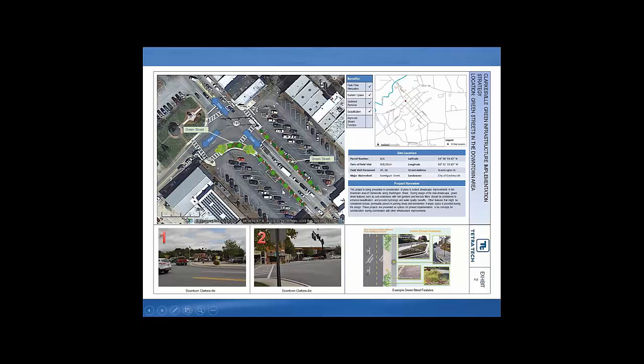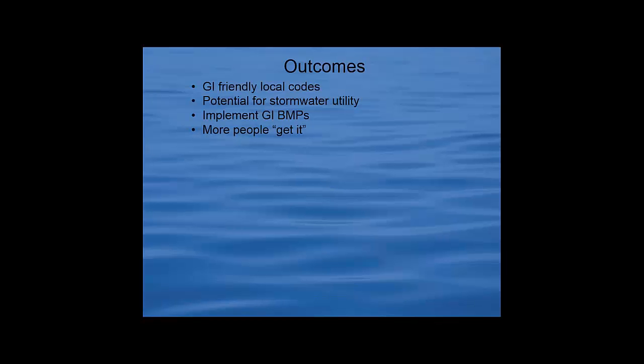But you've got all these planted areas along the streets, and there's information in here. I don't expect you to be able to read that, but we've got 10 of these plans that are concepts ready to go with a little bit of engineering and work from the city that we can implement in years to come as opportunities become available. This was a fantastic help to us, and also the review of codes and ordinances was very important.